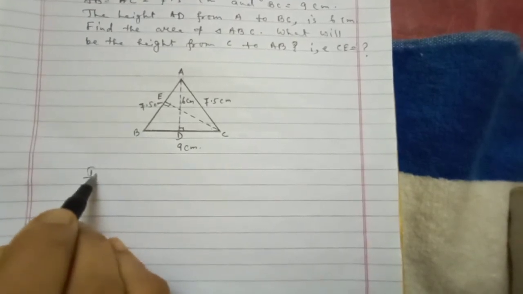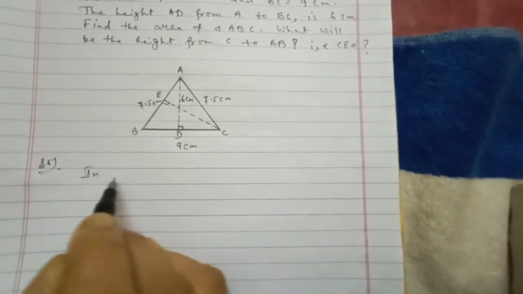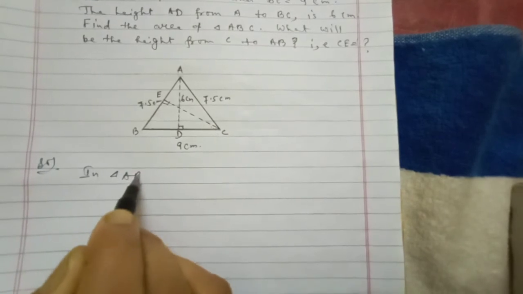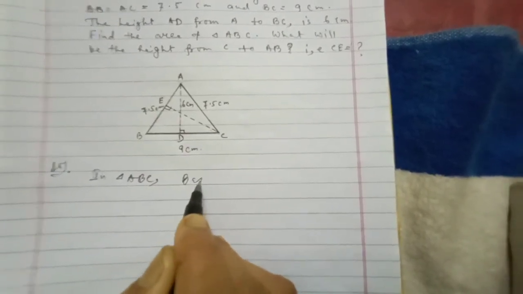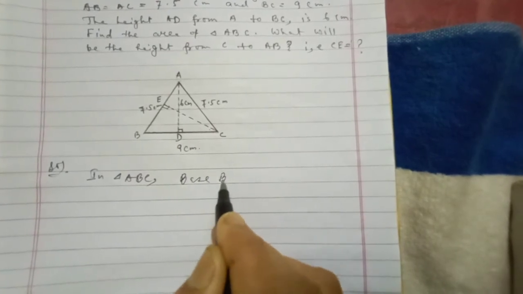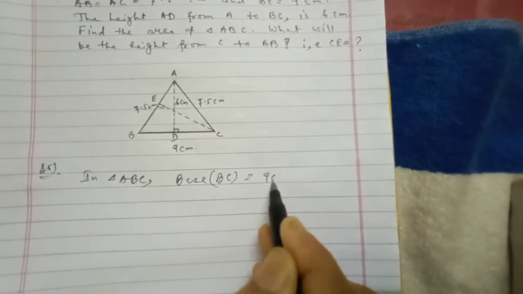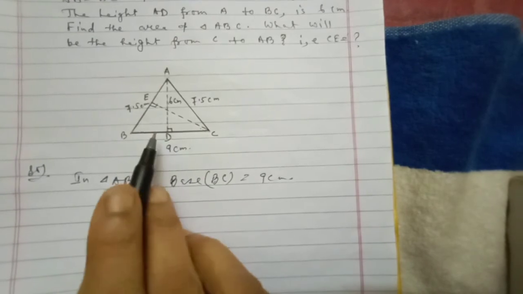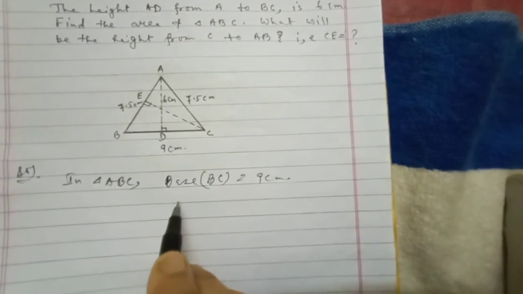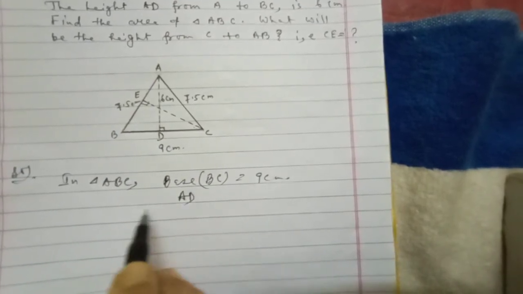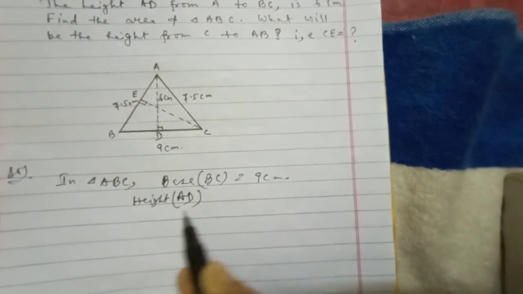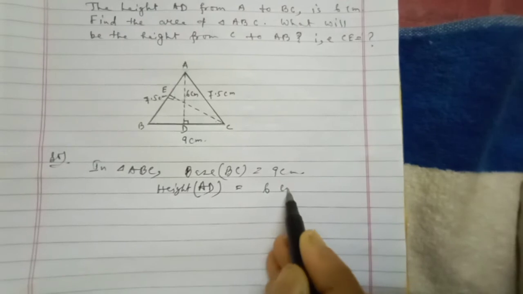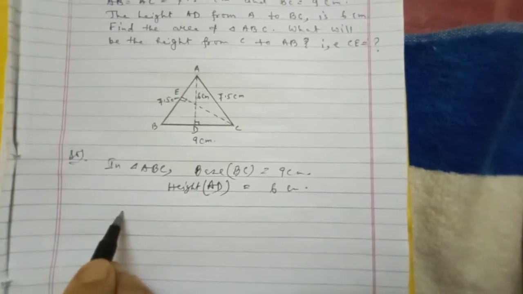In the solution, in triangle ABC, when base is BC, given 9 centimeter, on the corresponding side height will be AD, height AD 6 centimeter. Then you can find the area of the triangle.